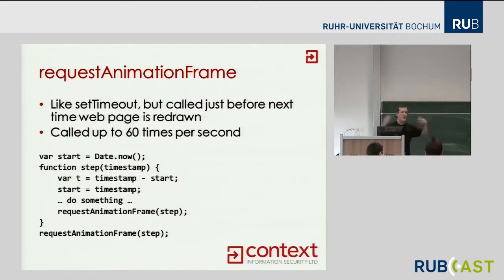If everything's running very, very quickly, the browser will run at 60 frames per second. But if there's something which is taking a long time, if there's some complex graphics, then they can slow down the frame rate of the browser, and you get a lower frame rate. So the JavaScript can now measure the frame rate that is being used to render the web page. This is potentially interesting for doing timing attacks.